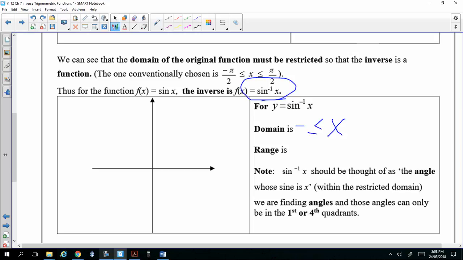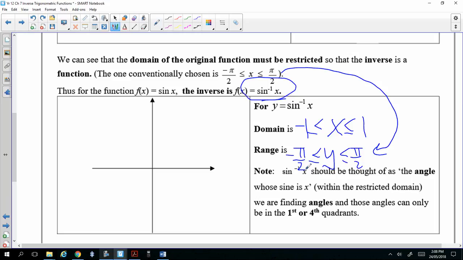Remember that was the range of the original function, which becomes the domain. And then the range comes from the domain of the previous function. So it's going to be y between -pi over 2 and pi over 2, like that. Okay, so now we're going to draw the graph. So we're going to write x and y, and then we're going to put 1 here, put -1 there.